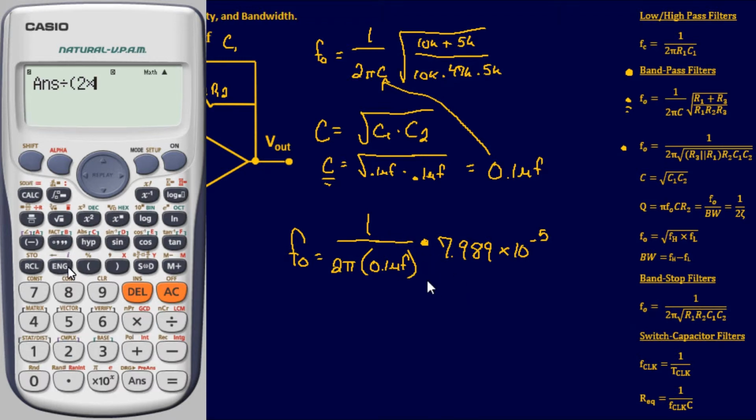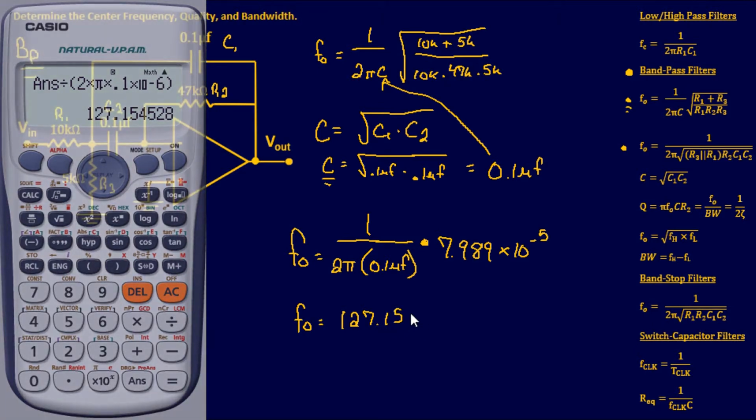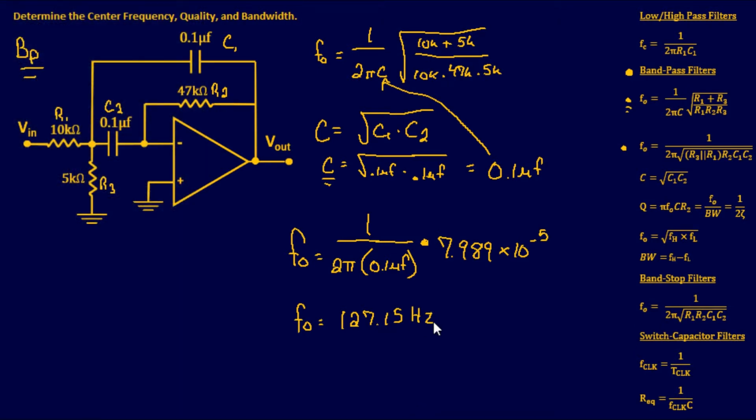And the rest of this I can probably just plug and chug in the calculator now. So center frequency equals 127.15 hertz. That was pretty simple, just a little bit of plug and chug. I'll put my center frequency over here as a reference, 127.15 hertz.